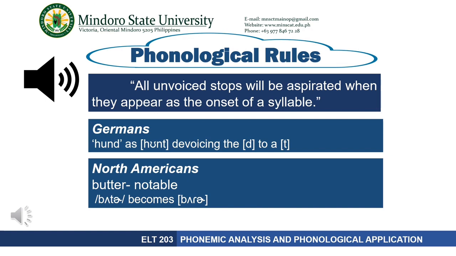However, North Americans pronounce T differently in words such as butter and notable, as it does not produce a hard T sound but a flap consonant, in which "butter" becomes "budder".